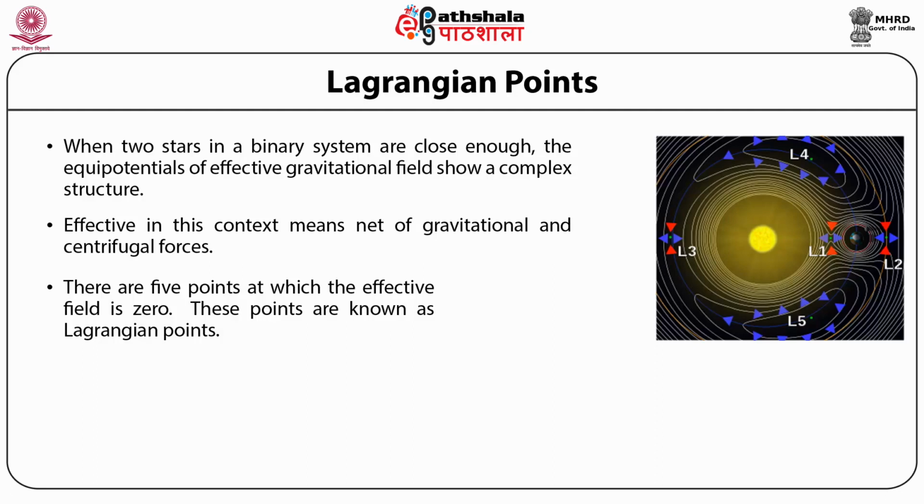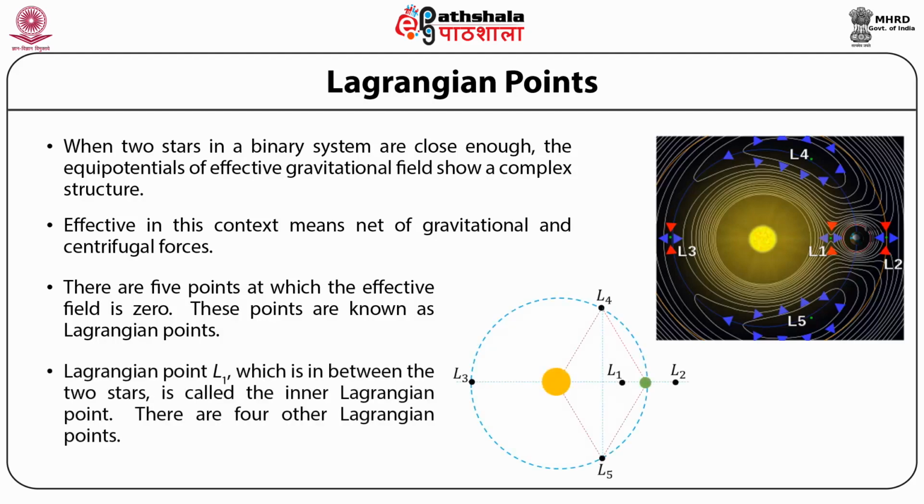The second figure shows the 4 Lagrangian points in addition to the inner Lagrangian point. And the first figure shows the details of equipotential surfaces of effective gravitational force for two stars. There are 5 points at which the effective field is 0. These points are known as Lagrangian points.